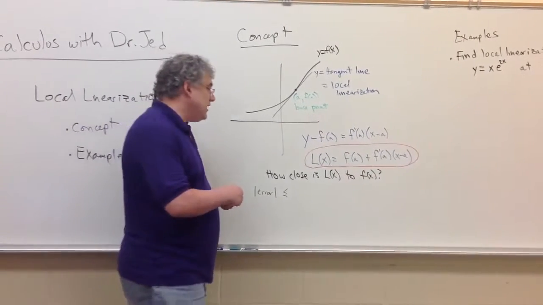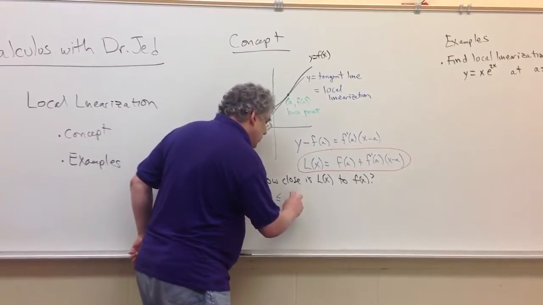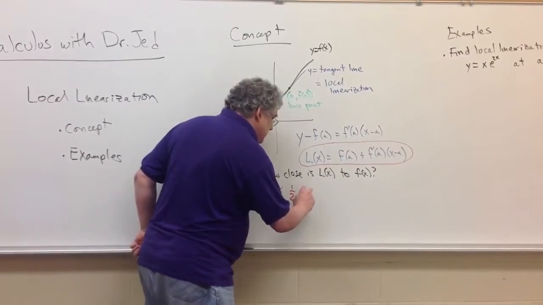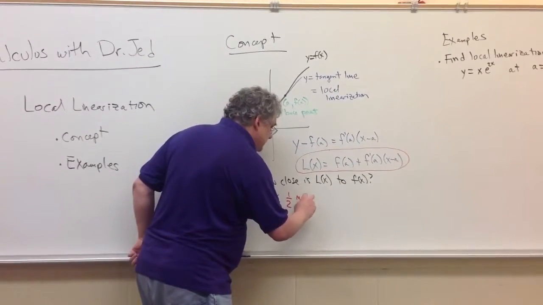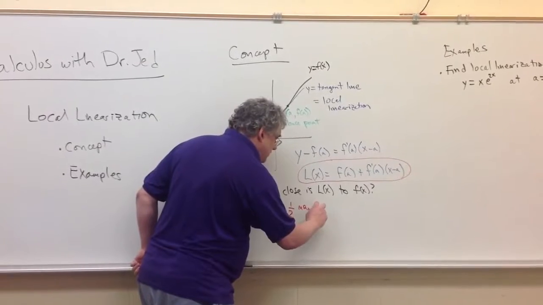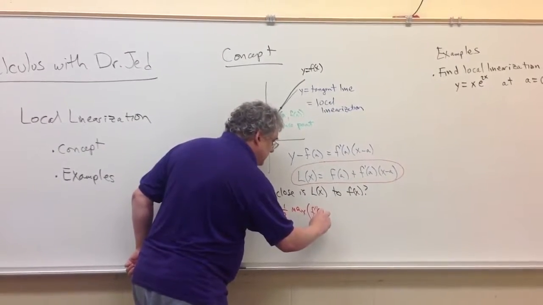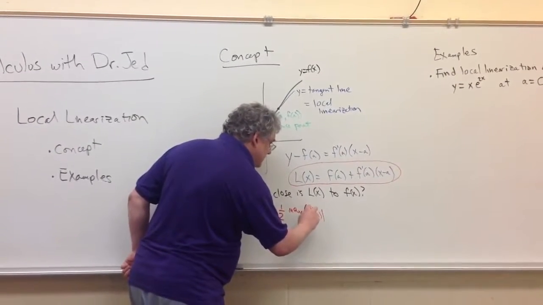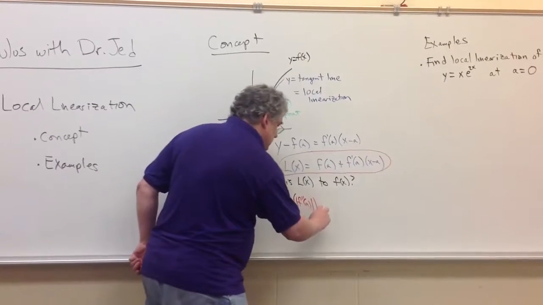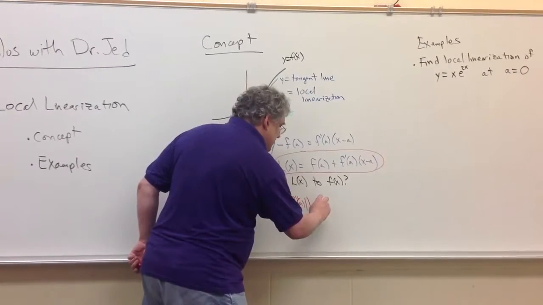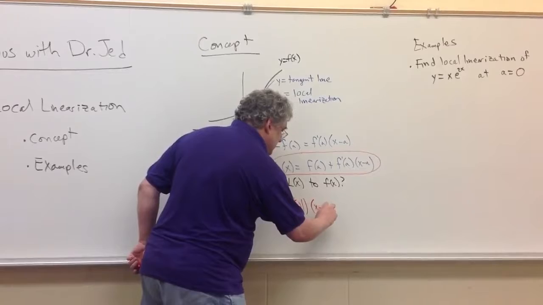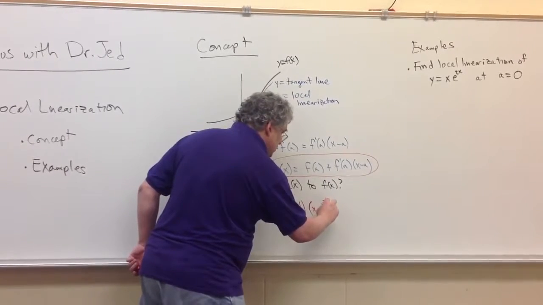And how much is it bounded by? I'm going to write the formula out. 1/2 times the maximum of the second derivative, well, the absolute value of the second derivative, times the distance squared.